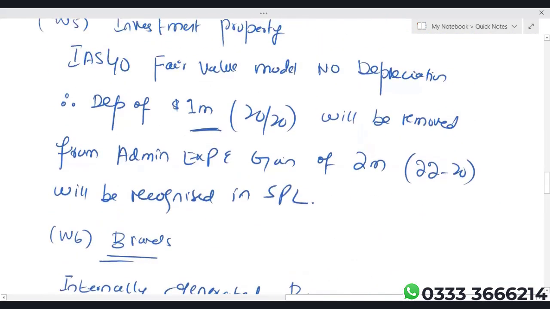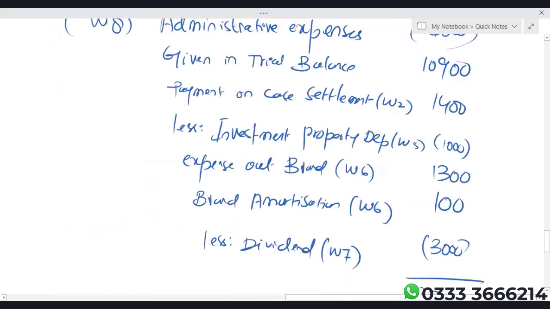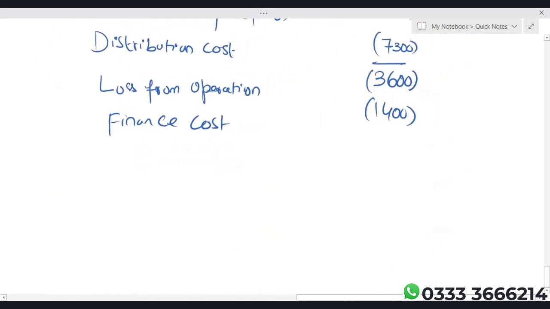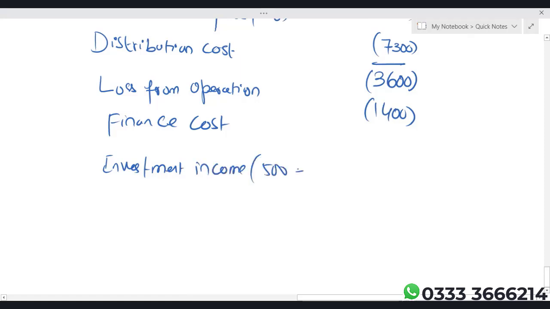Investment property we dealt with in working 5. So simply you can do this: investment income given in the trial balance is 500 plus take 2,000 from working 5. Or you can separately show the gain on investment property, it is acceptable. I'm getting 2,500. This will give us a loss before tax.